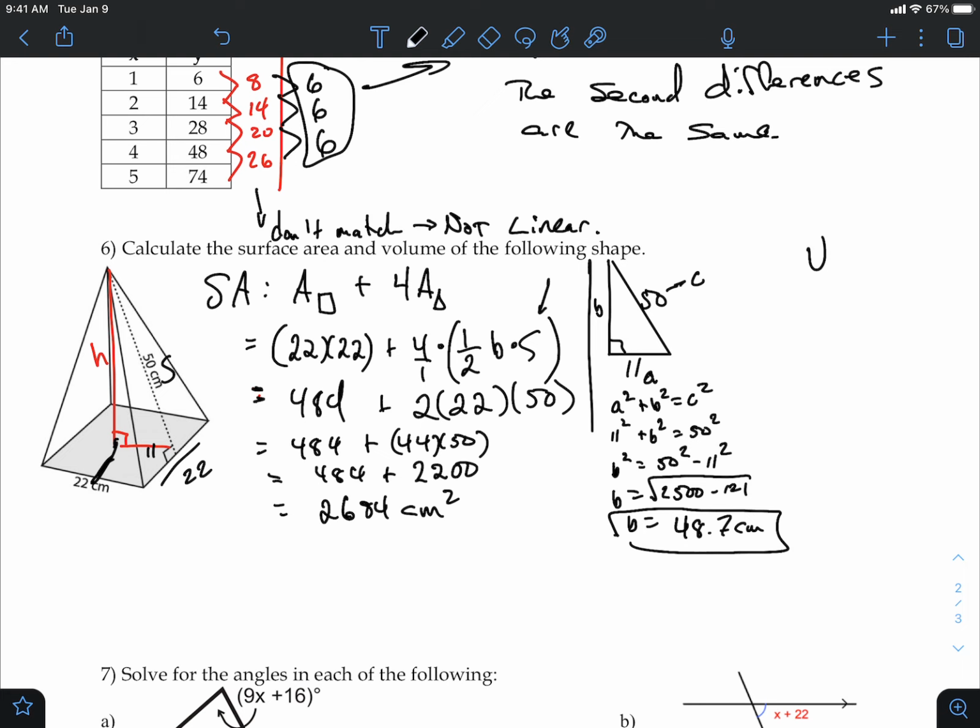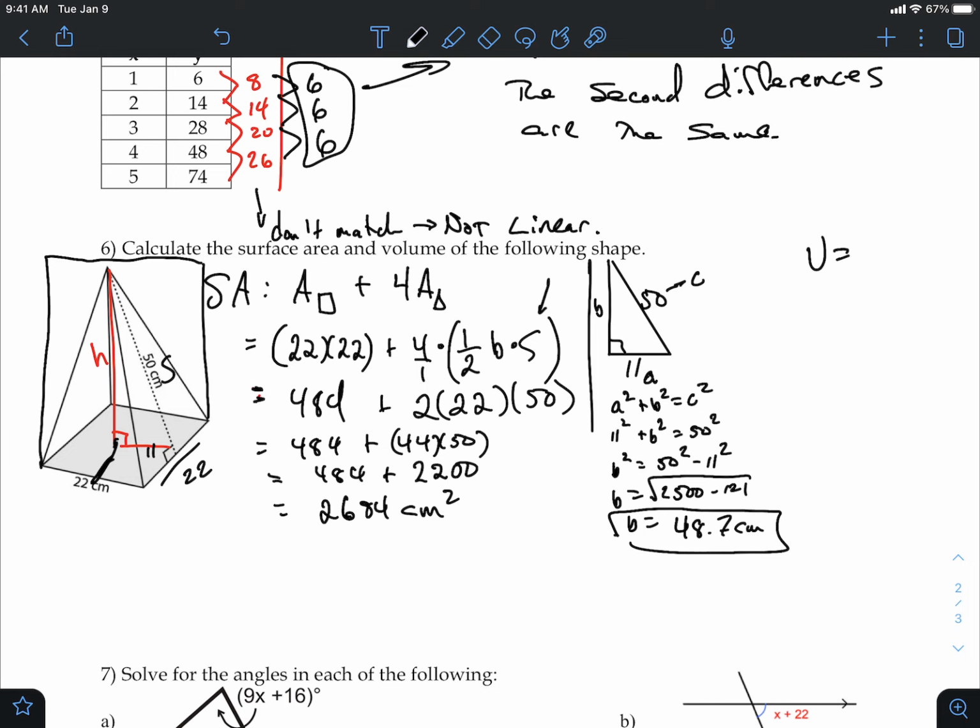Now we could go to our formula sheet and say, okay, volume is equal to. Remember, we talked about what this was relative to just a regular square-based prism. It's 1/3 of the volume of that.